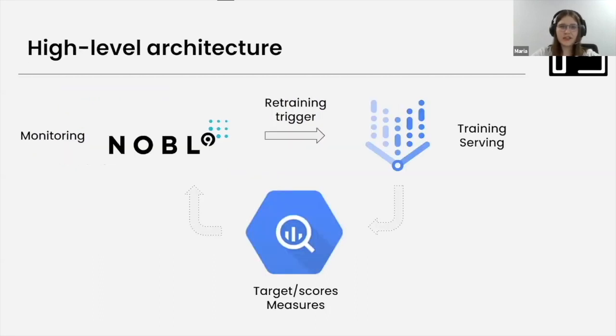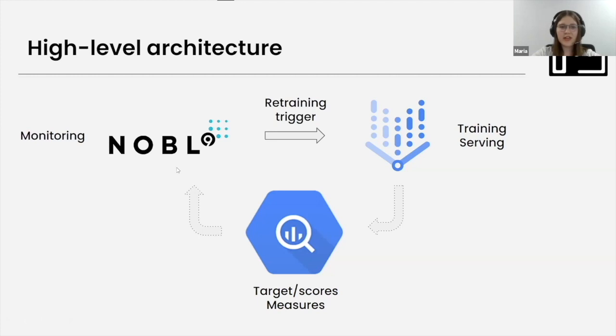And in the view of high-level architecture, we have a Nobl9 product which is monitoring. We have target and score values, which come, in our case, from BigQuery. Then it goes to the Nobl9 product, which is meant for monitoring it.